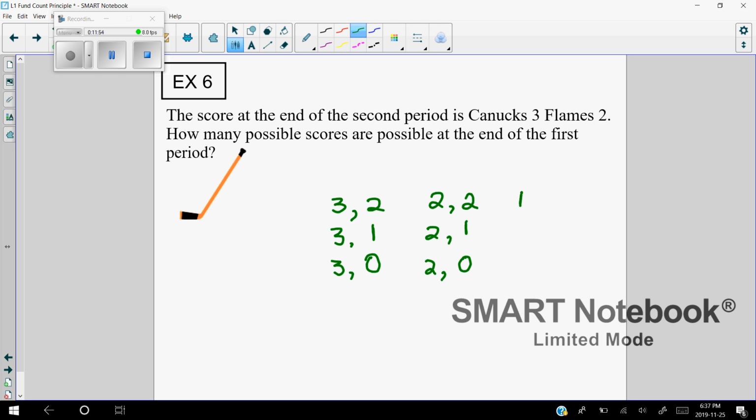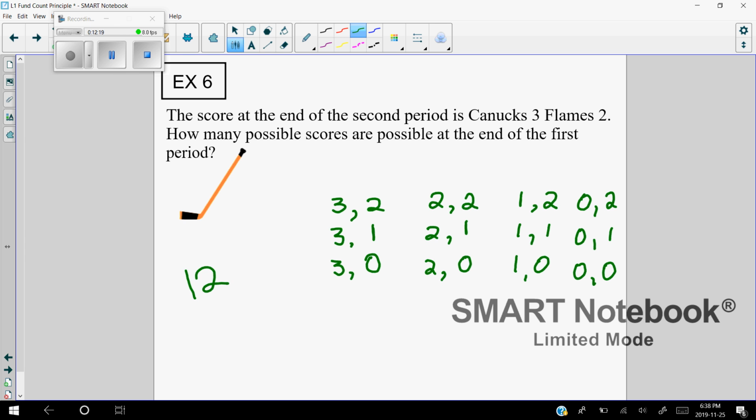Okay, then 1 for Canucks, 1 and 2, 1 and 1, or 1 and 0. And then lastly, Canucks also could have had 0. So it could have been 0 and 2, 0 and 1, and 0 and 0. So if I count those up, there are 12 different options.